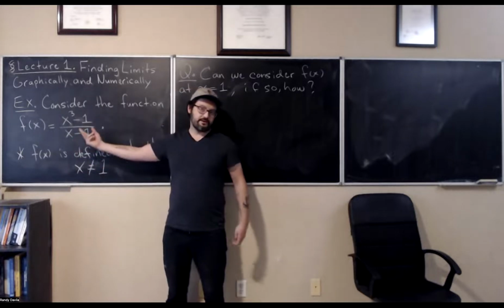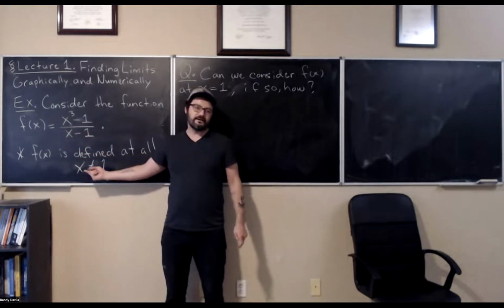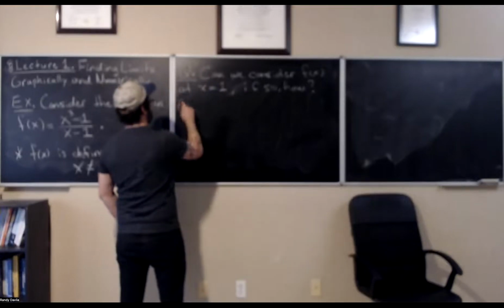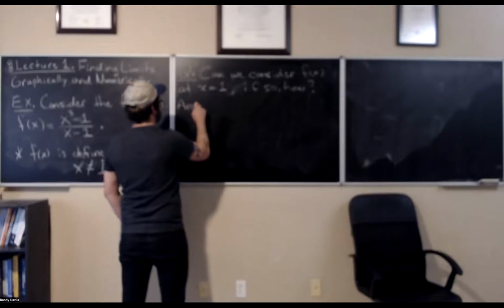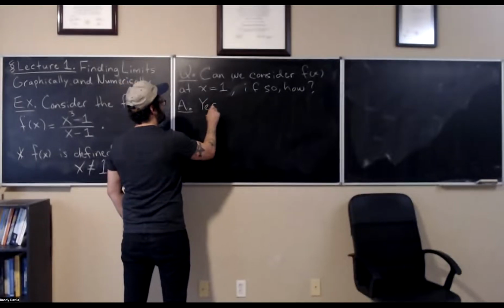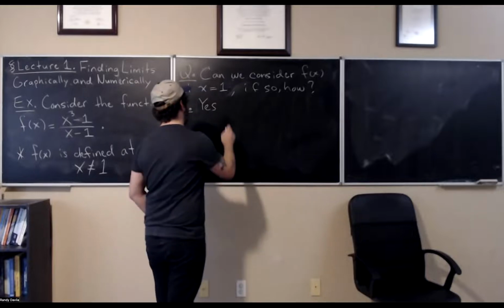That function is defined at all of those. So maybe we can say, where is that function going as x approaches 1? So the answer is yes, we can consider this function at x equals 1 in a particular way.